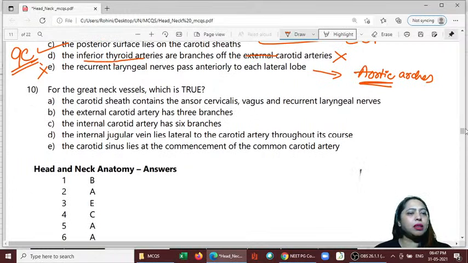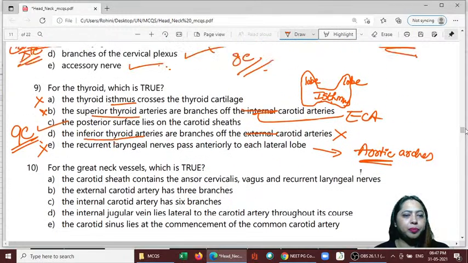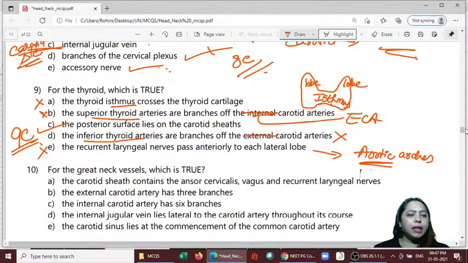That is for great neck vessels, which one is true? For the great neck vessels, which one is true? The carotid sheath contains ansa cervicalis, vagus, recurrent laryngeal nerves.